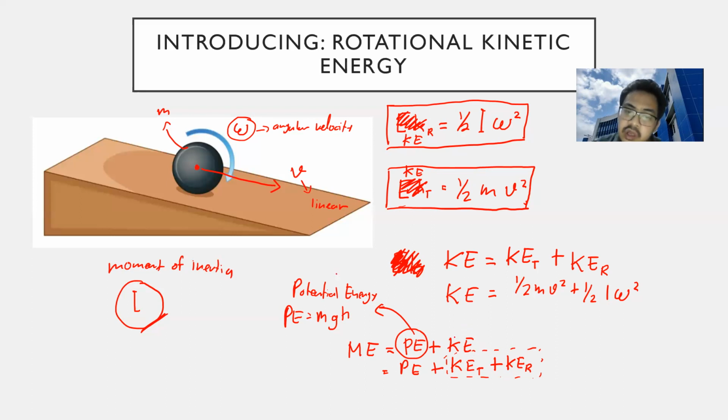And if you want to elaborate further, it will be equal to m times g times h plus half times m times v square plus half times I times omega square.